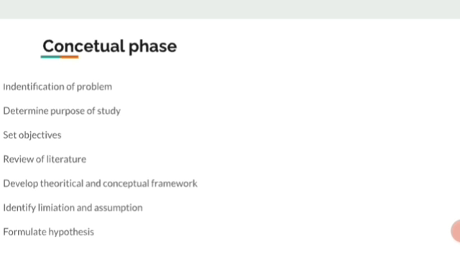You have to identify all the limitations and formulate the hypothesis for your research process. So these are all the steps that come under conceptual phase: identification of the problem, determining the purpose of study, setting objectives, doing a review of literature, developing conceptual framework, and identifying the limitations and formulating hypothesis.